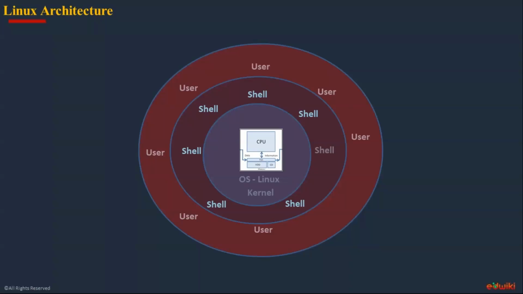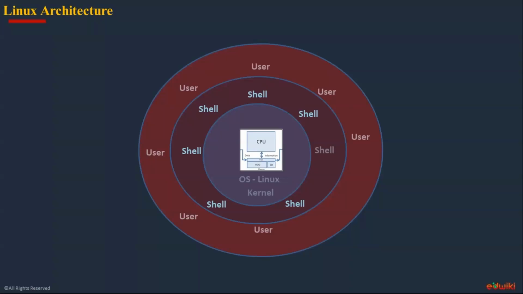So I have some 10 users that are using my system, and each and every user is using a different type of command to work with the system. That command should be understandable by the shell, and the shell should be able to translate it to the kernel. So for each set of commands, a different shell software is available, and each shell software has its own name as well. I'll definitely call out the names of the shells in a while.